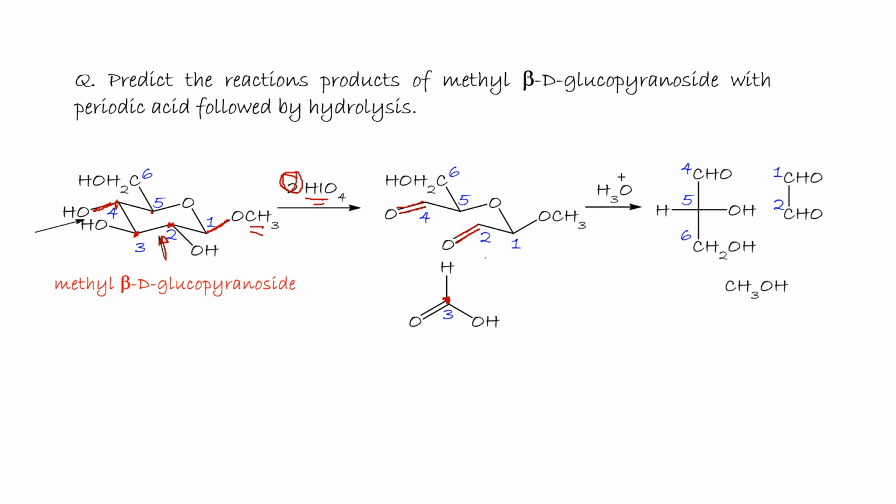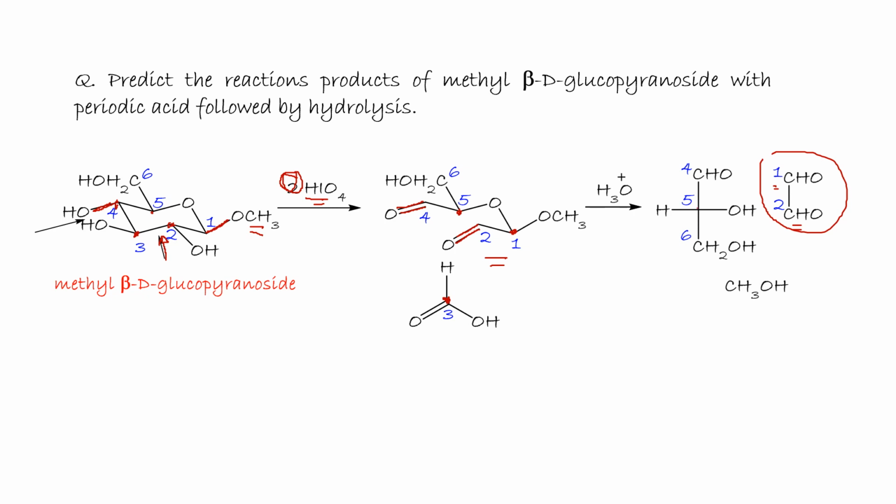Now, if we hydrolyze this molecule in acid media, we will not touch the stereochemistry configuration around C5, right? Okay, so we will hydrolyze here. C1 will be an aldehyde, the acetal going back to aldehyde, and C2 is an aldehyde already, so we get glyoxal.